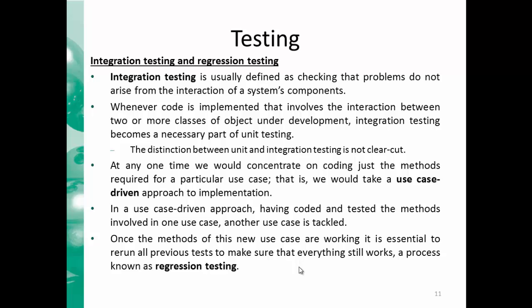This integration needs to be tested also to be sure that when integrating two units we don't have a problem because of this integration. When we integrate two subsystems, we want to be sure that we don't have problems because of this integration. So basically, integration testing is usually defined as checking that problems do not arise from interacting system components.